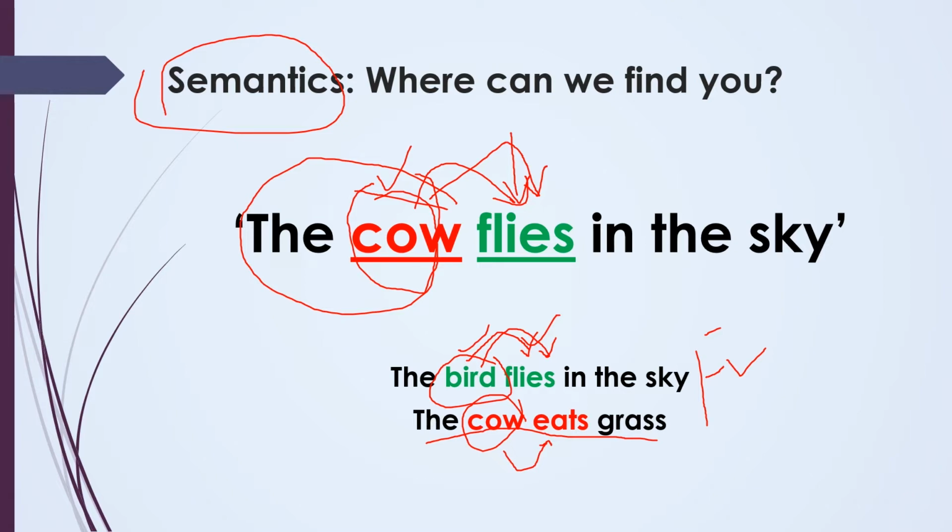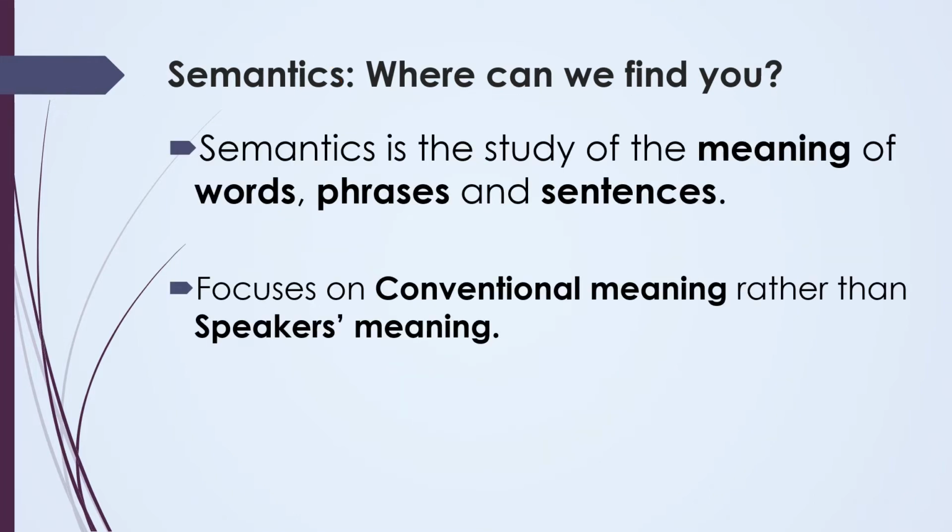So now, if we want to go to the theoretical background, to the text, here it is. Semantics is the study of meaning of words, phrases, and sentences. So it's all about the meaning of words, phrases, and sentences.